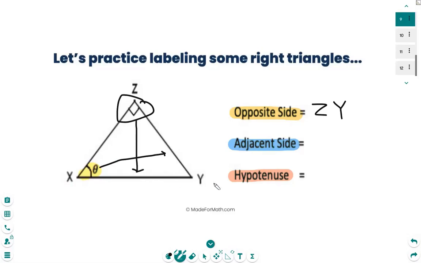This side right here, XY, is under the right angle. And then finally, the adjacent side, well, what's left? This XZ over here.